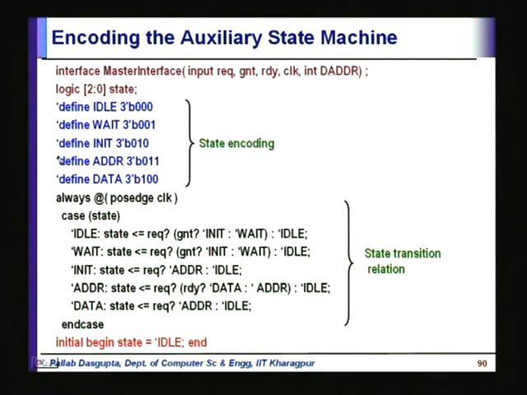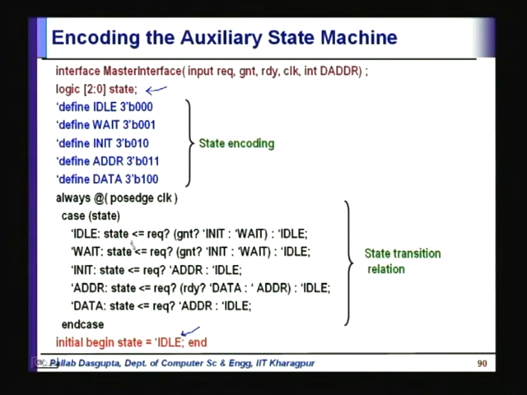These are just tick defines, like macros. The actual state is stored in this register, in this logic. Initially we are assigning state to idle, and this is tick defined to 000. So initially state is getting 000, that is the initial state.